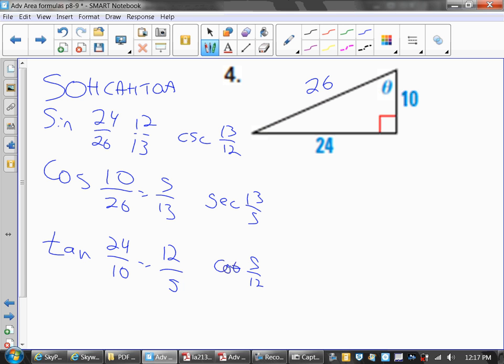Now, on the quiz, the next question had to deal with the ladder. With the ladder problem, there are still some of you who seem to forget that when you have a 12-foot ladder, that's as high up as the ladder can go.